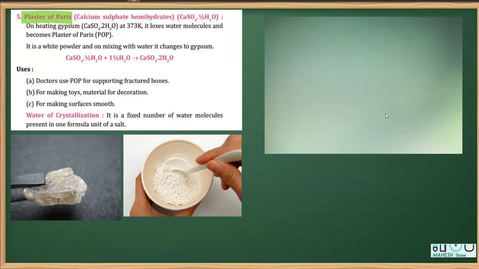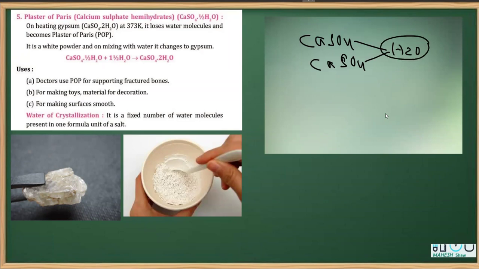Now, why half H2O? As you know, this is a water of crystallization. In reality, there are two calcium sulfate, right? Calcium sulfate hemihydrate, because two molecules of calcium sulfate share one molecule of water.